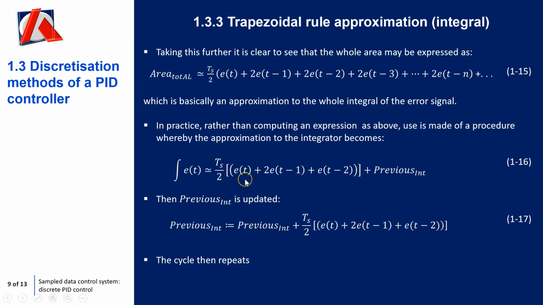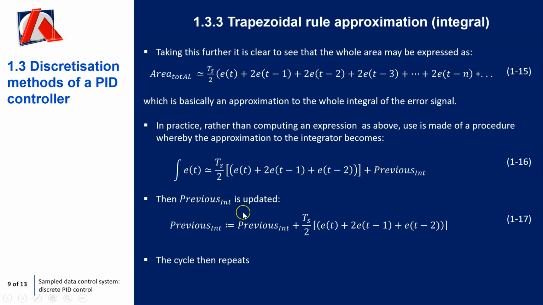So if you imagine: sample, work out the first trapezoid, sample again, work out the second one, which is the new trapezoid, sample again, and then the first one gets added here, and obviously the new area is calculated. Sample again, new area calculated, and the previous one moves to here, and the new one moves to here.